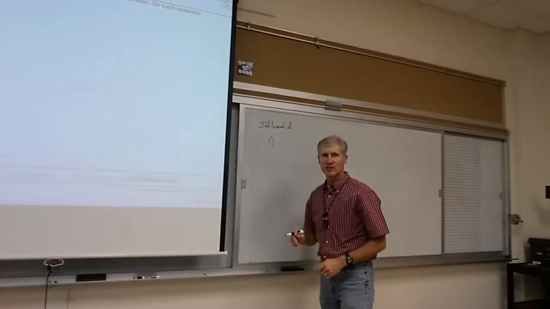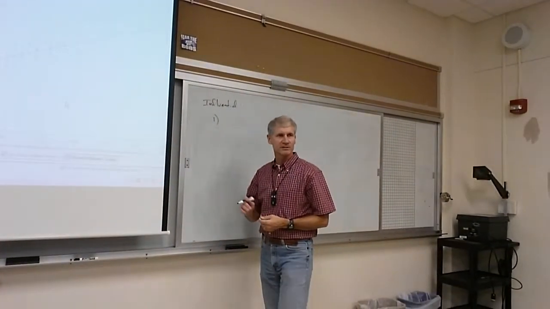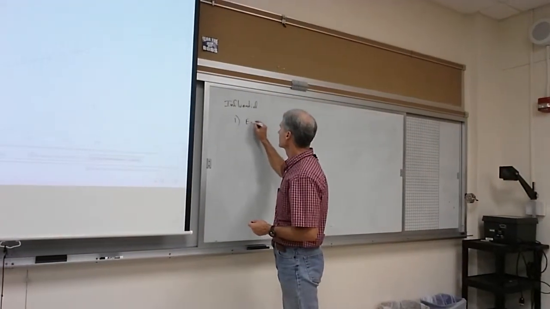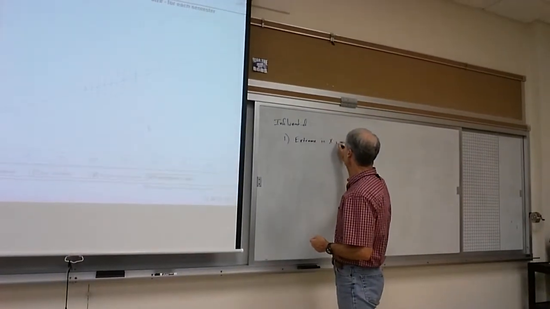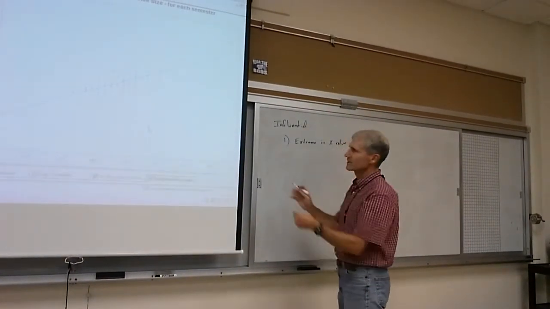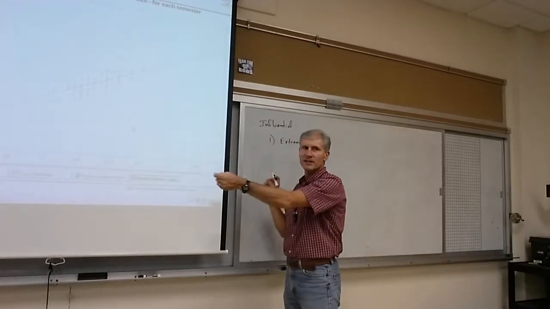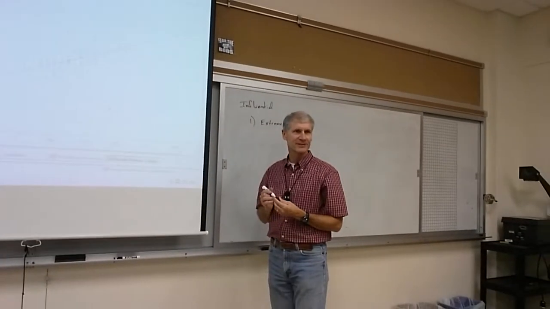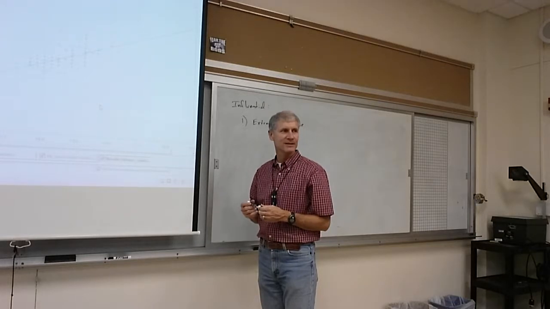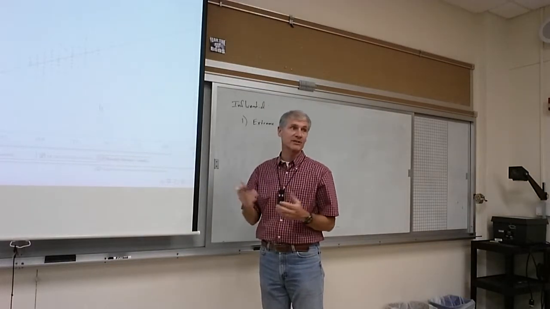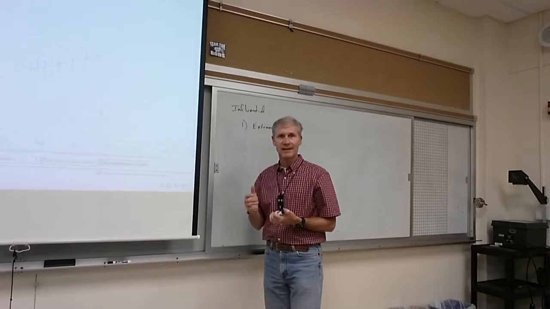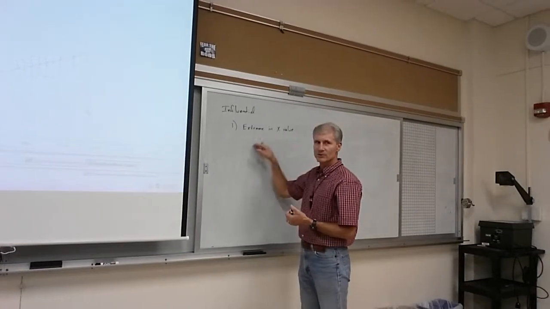One, it has to be extreme in the x direction, right? Extreme in value basically means it's sitting at one end of the teeter-totter, right? That's extreme in the x direction. Now, if you've got a multiple regression model and you've got 5 x variables, it means extreme in at least one of those x variables.